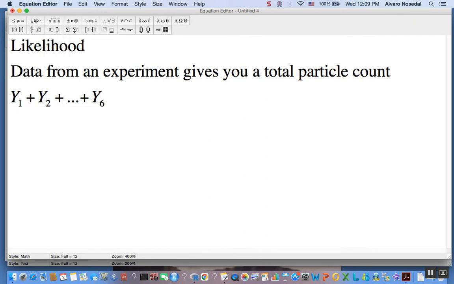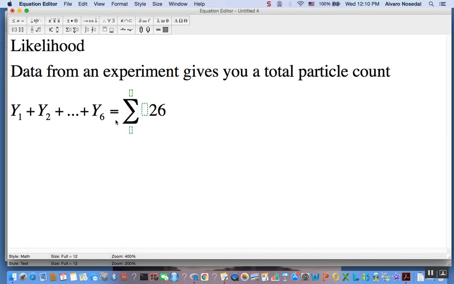So this experiment was carried out 6 times, and it gave you a total particle count of 26. Another way of writing that down would be the sum from i going from 1 up to 6 of your yi's.